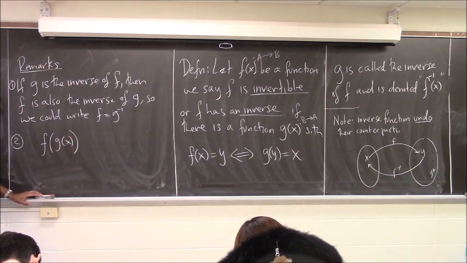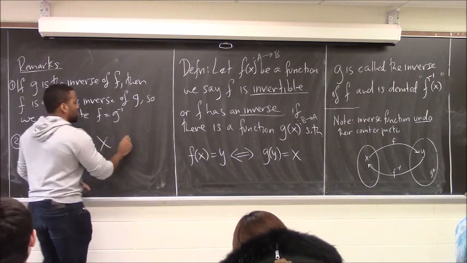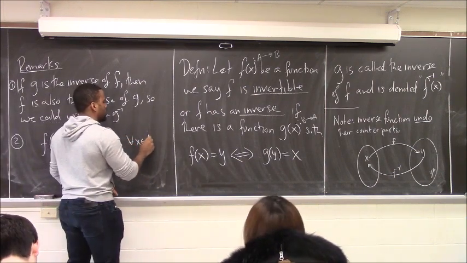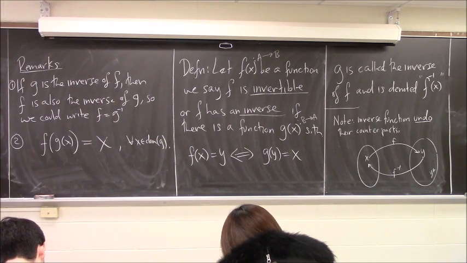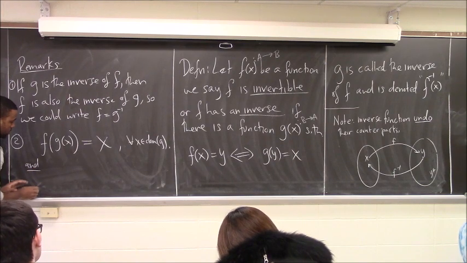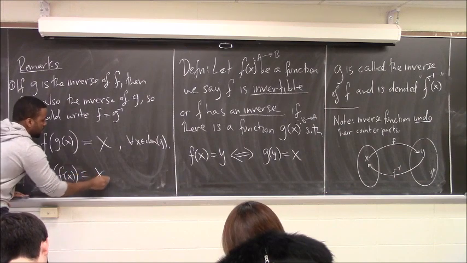If you take f of g of x, the output will be x for all x in the domain of g. And if you take g of f of x, the output will be x.